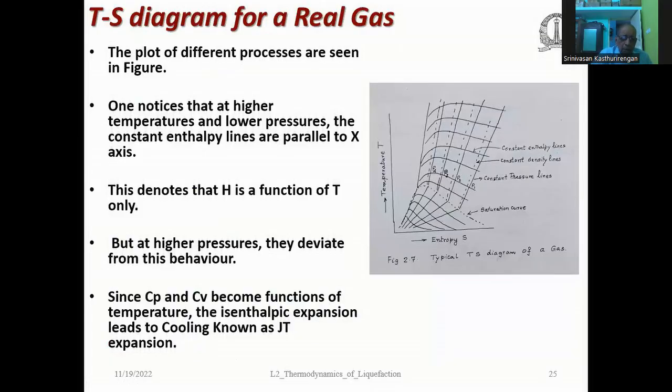Now, the TS diagrams are all available for real gases, and as I already mentioned, for obtaining these TS diagrams, you normally assume that the entropy of the gas molecules is zero at absolute zero of temperature, and then you can plot constant enthalpy curves or constant density curves or constant pressure curves on this one along with the saturation zone of a typical gas.